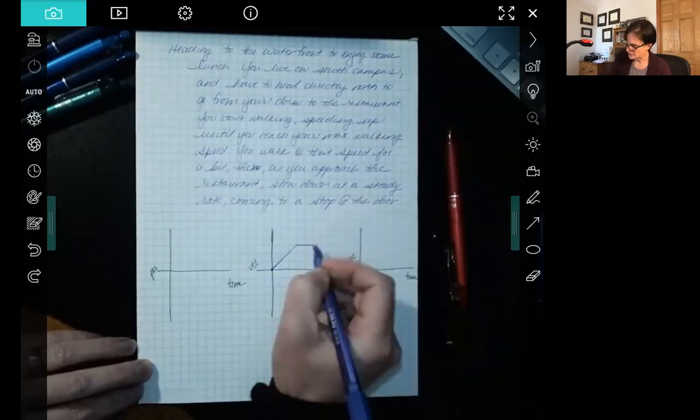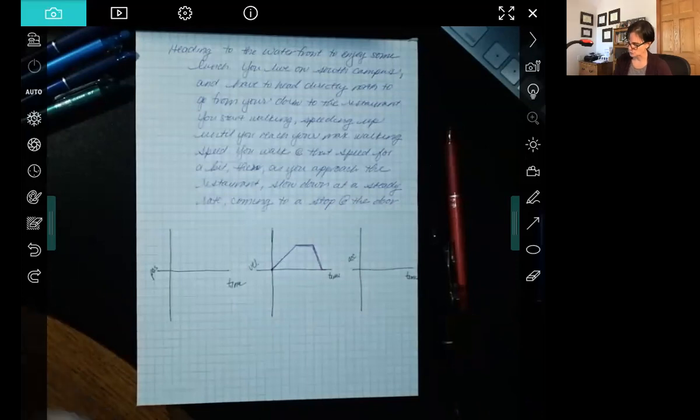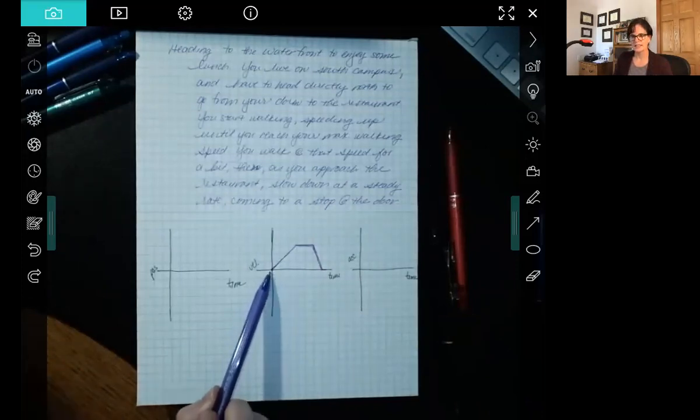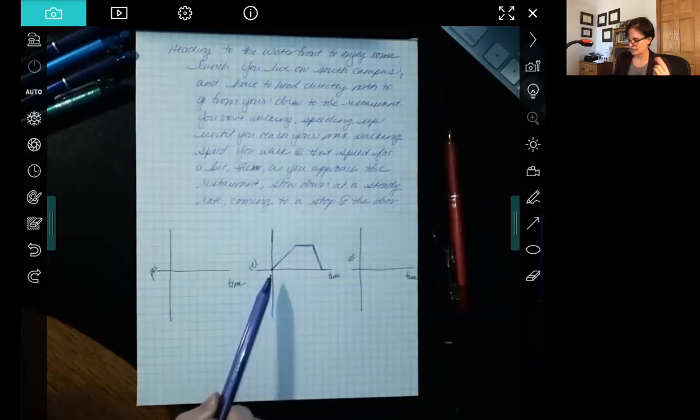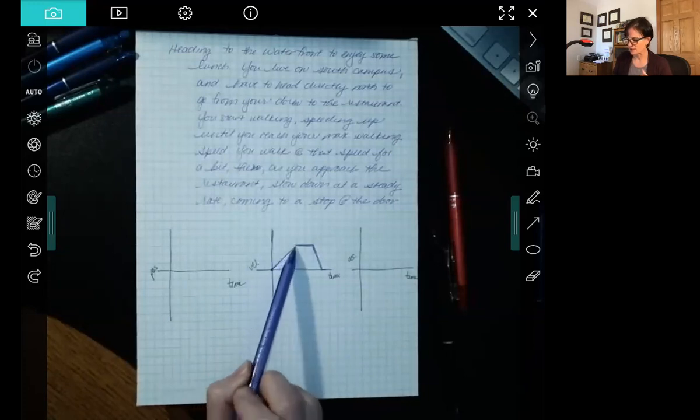So a couple things that we want to notice in this graph, and to check if it matches our story. I start off walking, speeding up. So right as I step my foot out the door, I'm starting at 0 velocity and increasing my velocity. My numbers should be getting bigger. And then since I'm heading north, they should be above the axis. So now my numbers are getting bigger as I head north above the axis.